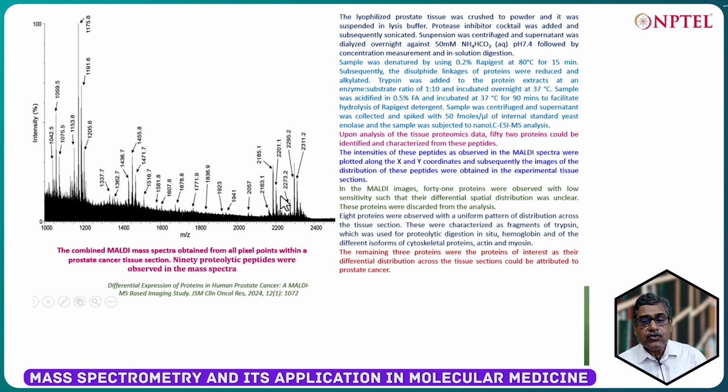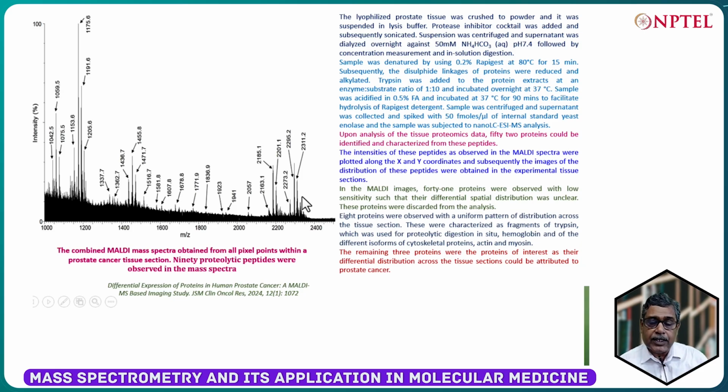Remember, we went for in situ digestion, and then the tissue was fired with laser. So whatever we are getting here are peptides generated from different proteins sitting across the tissue. If we sum them up, the total is 90 proteolytic peptides observed in the mass spectra.